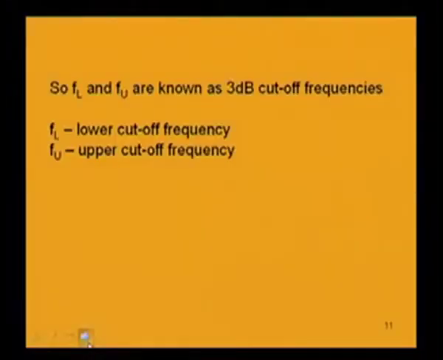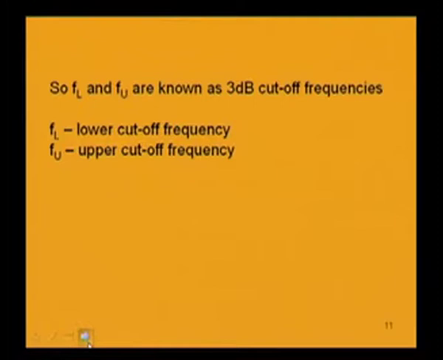So now this is the dB scale, minus 3 dB bandwidth we are going to find out. What will be the lower cutoff frequency and upper cutoff frequency, that we are going to find out, which are known as 3 dB cutoff frequencies.